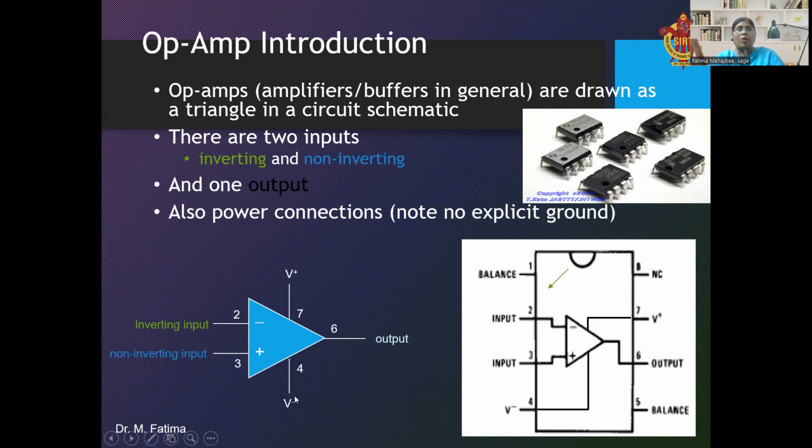So there are two inputs, inverting and non-inverting, and only one output. The supplies are connected for the biasing of the operational amplifier.